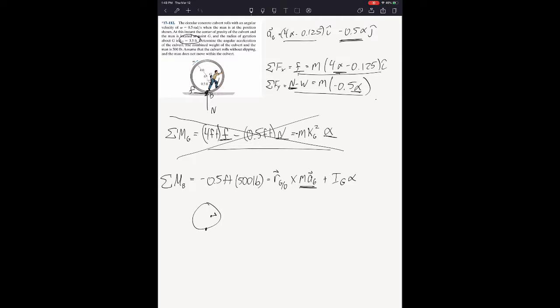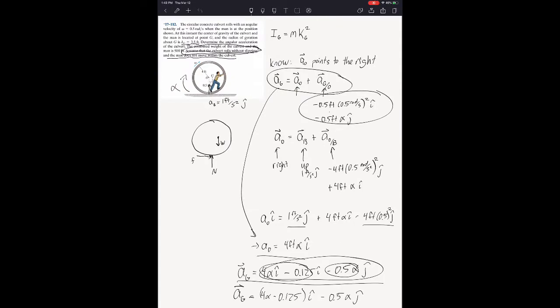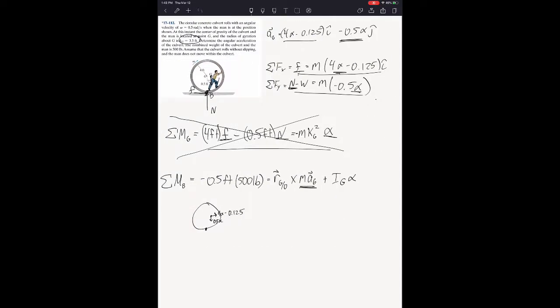To the right, we have 4 alpha minus 0.125, and down we have 0.5 alpha, I do believe. Yeah. And we're finding the moment that quote-unquote force creates about this point here. Well, the horizontal force creates a moment due to the vertical distance, and the vertical distance is 4 feet.